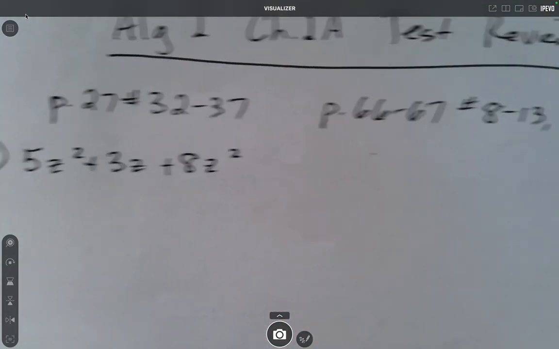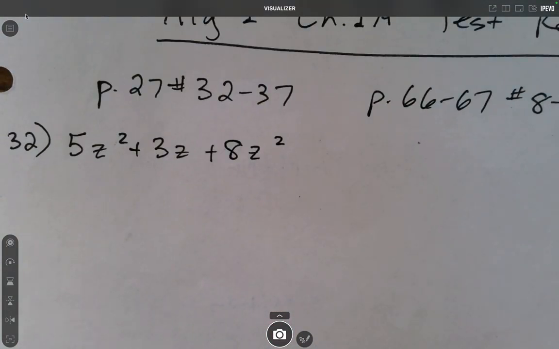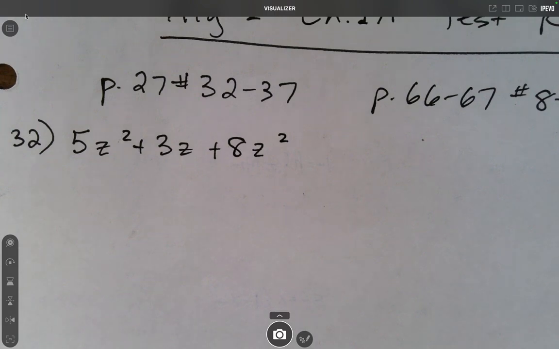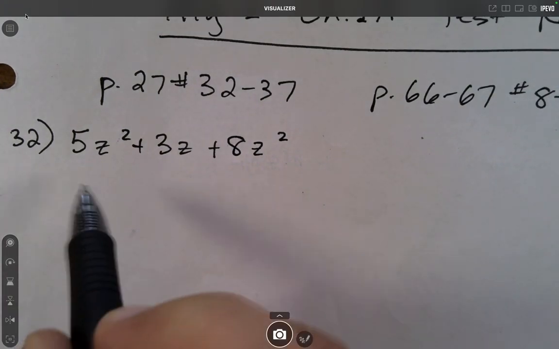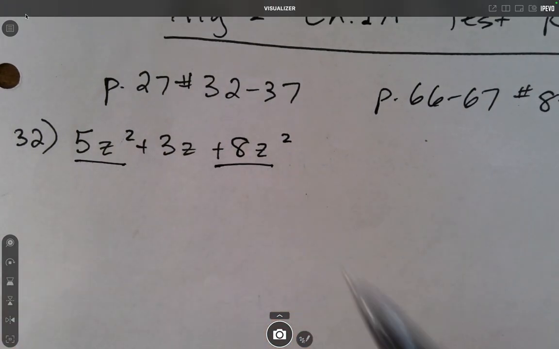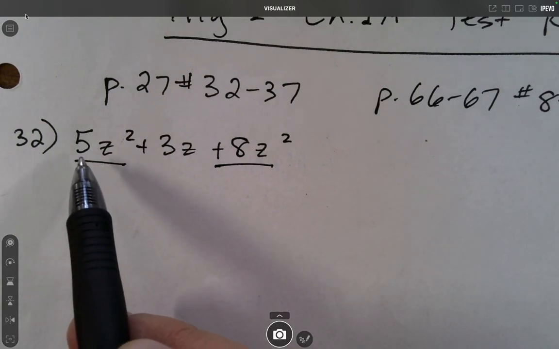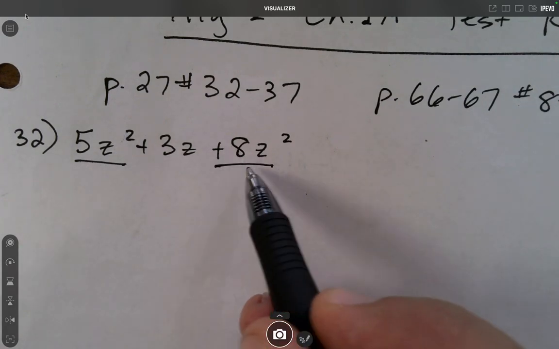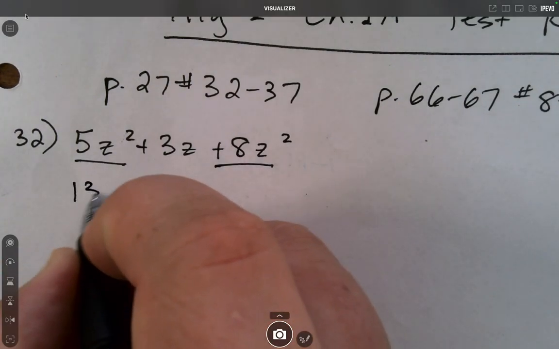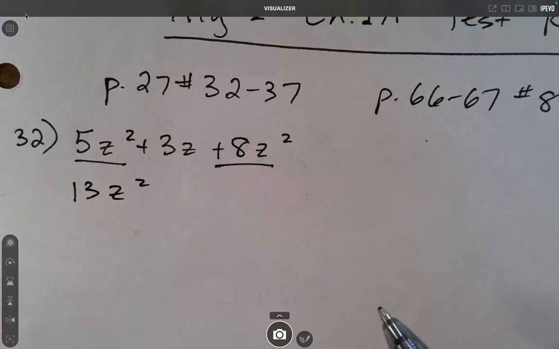A reminder as far as combining like terms, you have to have the same variable pattern, and what that means is they have to have the same variable and they have to have the same exponent. So these two are like terms because they both have a z and the z is squared in both. So we had 5z squareds plus 8 more z squareds for a total of 13z squared.